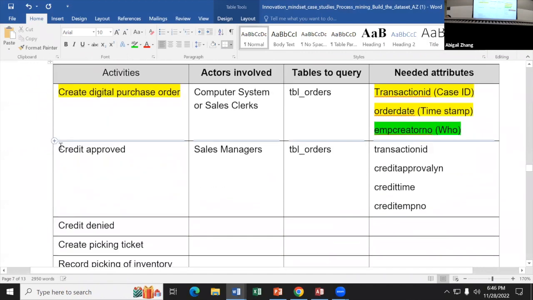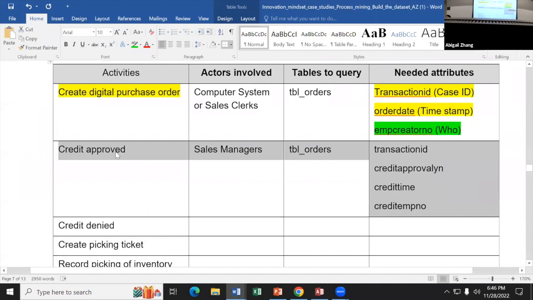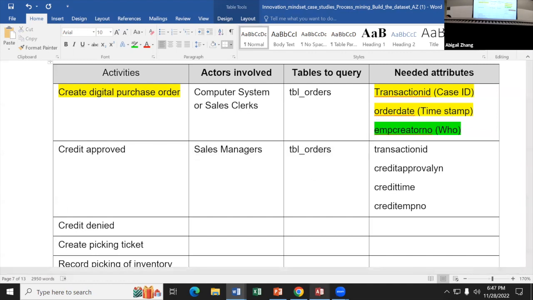So let me go through the second example with you too, because this is a very interesting case. So for the second activity, credit approved. So here we know from the case description that only the managers can approve or deny any sales, right? So here, actors involved is sales manager. Now, tables to query, again, it's the order table. Why?